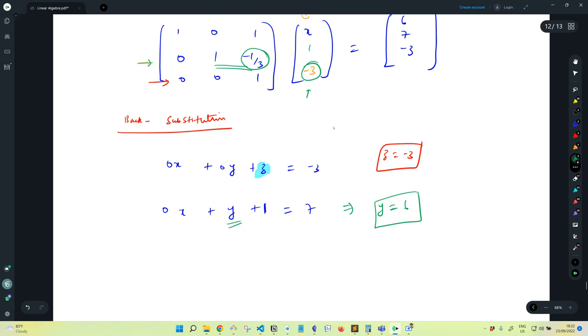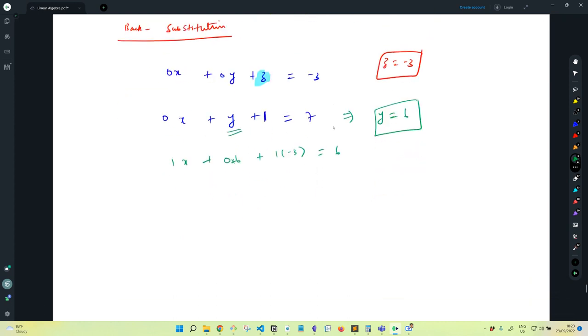Now because I have obtained the solution to y, let's substitute y here. What is y? y is 6. Now let us multiply the first row with the vector. If I multiply the first row with the vector, what will I get? 1 times x plus 0 times 6 plus 1 times minus 3. This will be equal to 6.